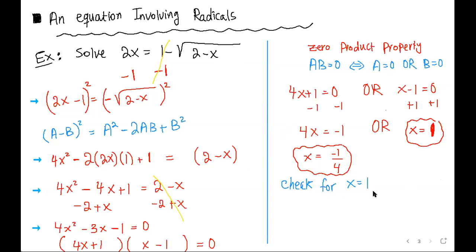Now plug these things inside this equation. My equation is 2x equal 1 minus square root of 2 minus x. So 2 times 1 equal 1 minus square root of 2 minus 1.